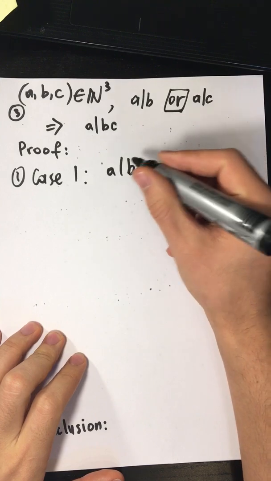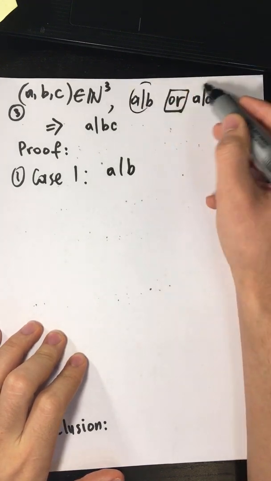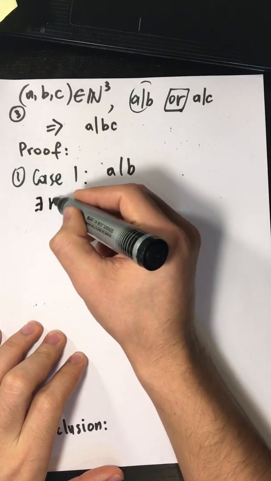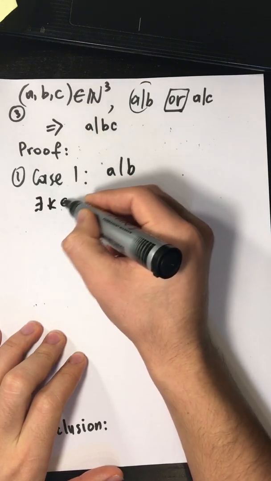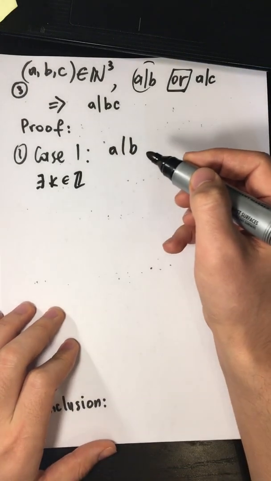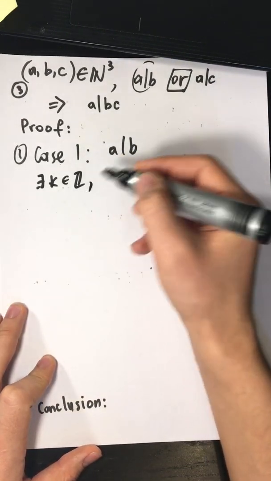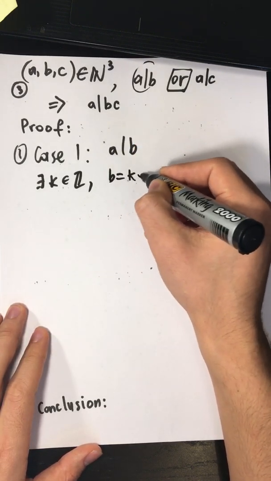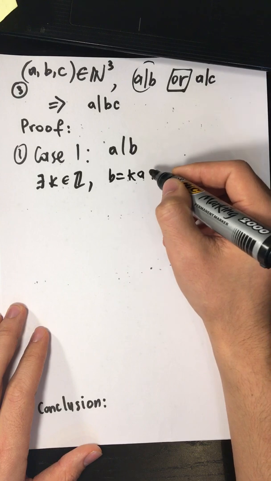And case 1, we have case 1. We take, this is case 1, this is case 2. In case 1, if we have this one, we know that there exists k, which is integer number. Okay, it's recording. Okay, k is integer number, and b is equal to k times a, right? B is equal to k times a.